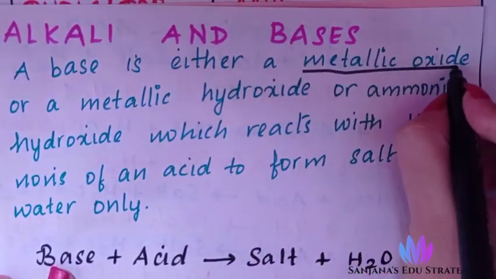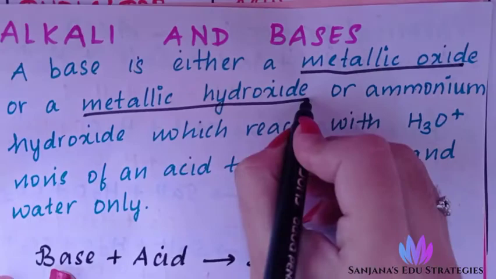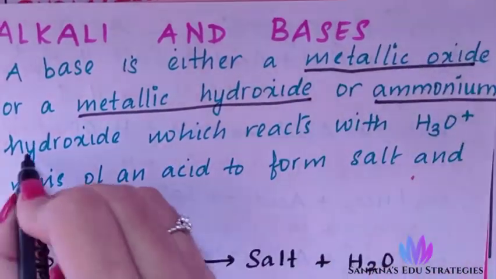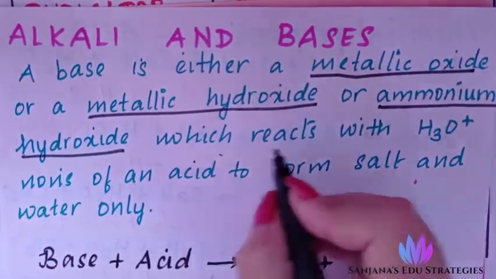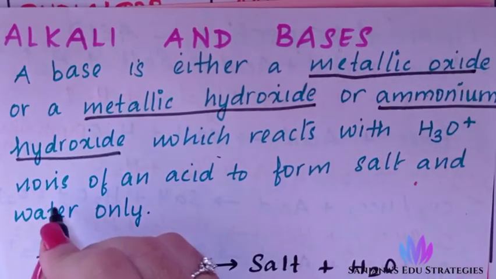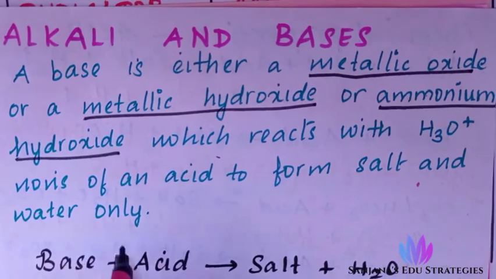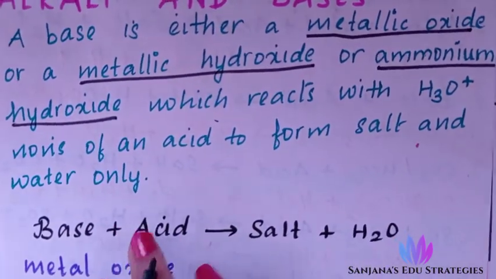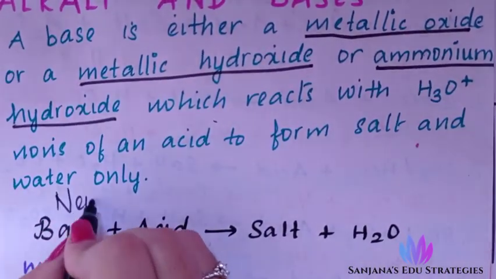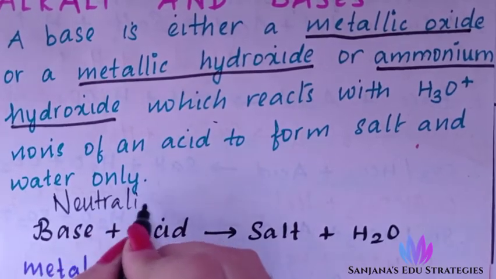It is either a metallic oxide or metallic hydroxide or ammonium hydroxide, which reacts with hydronium ions of an acid to form salt and water only. This reaction's name is neutralization reaction.